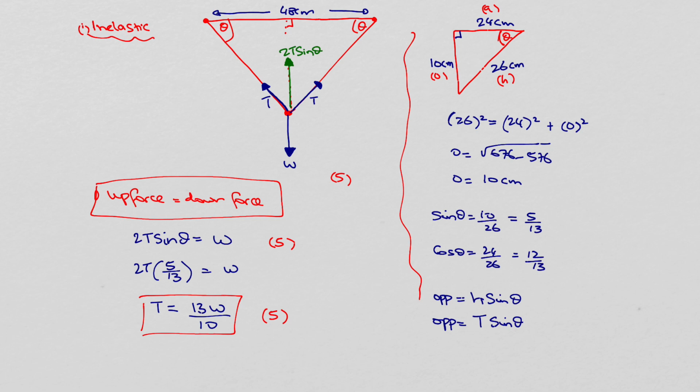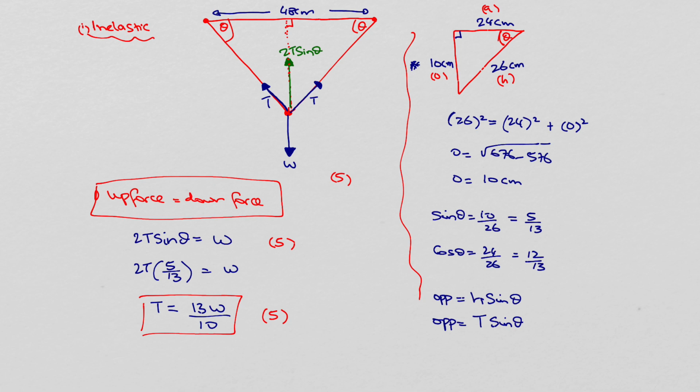So when we attach the weight, the strings were holding in place such that directly below that horizontal position of 48 centimetres, we saw that its position was, over here on the right hand side, 10 centimetres.